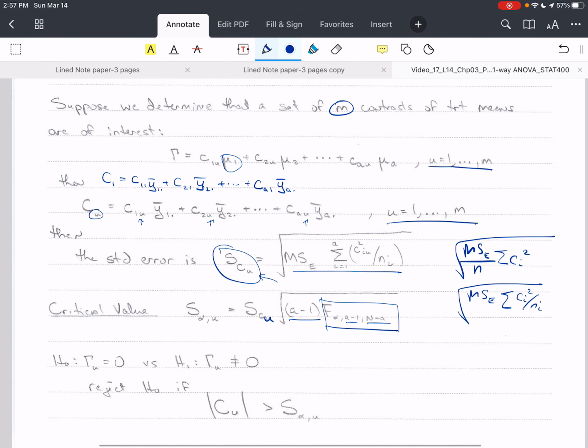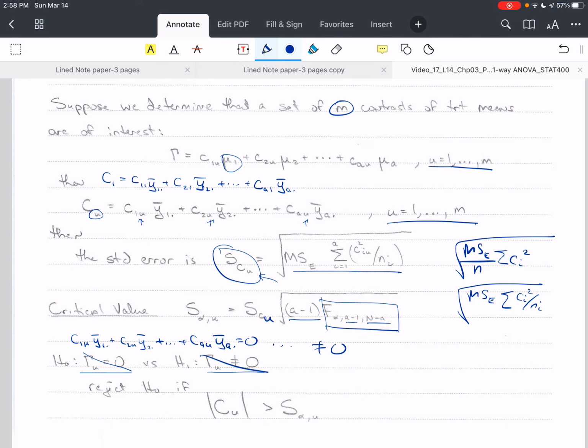And so our hypothesis test is that gamma sub u is equal to 0 versus gamma sub u is not equal to 0. Again, we wouldn't write it this way. We would write it as C1u Y1 dot bar plus C2u Y2 dot bar plus up to CAu YA dot bar equals 0, and then same thing, not equal to 0.